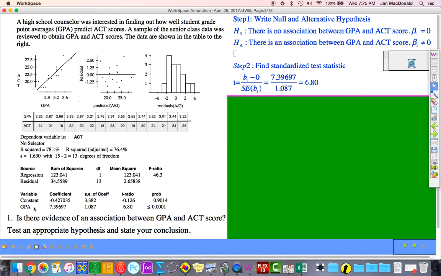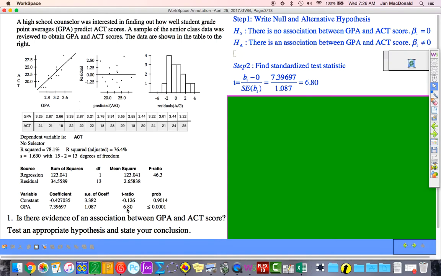This entire row right here is all information about slope. Here is the coefficient of our x variable, which would in fact be our slope. Here's our standard error of the slope, and here is our t statistic. So again, all this information came from that same row in the computer printout.